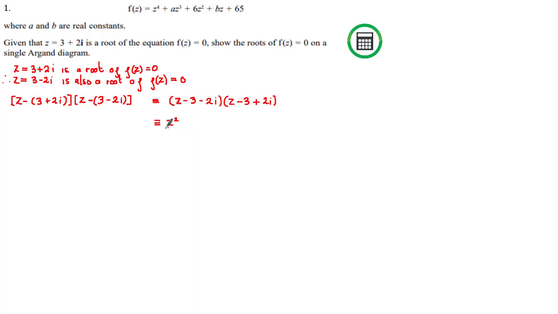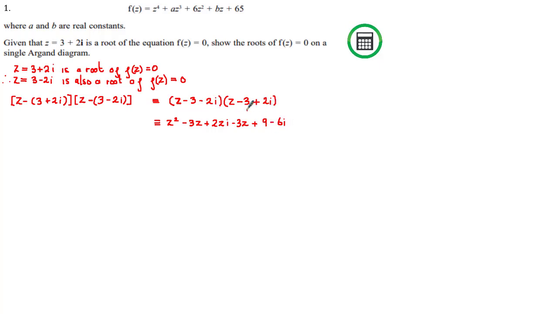z times z is z^2, z times -3 is -3z, z times 2i is 2zi. Multiplying -3 by z gives us -3z, -3 times -3 gives us positive 9, -3 times 2i is -6i.